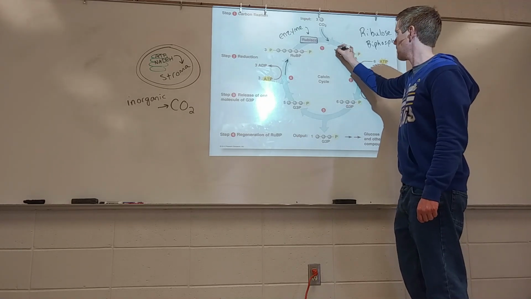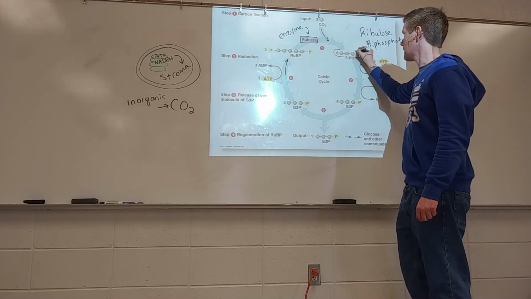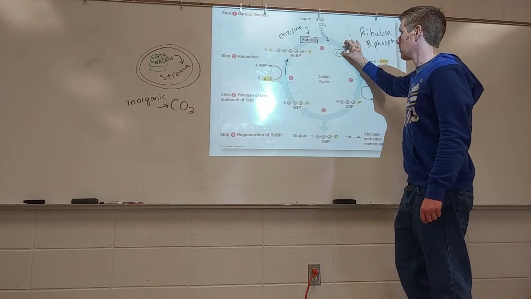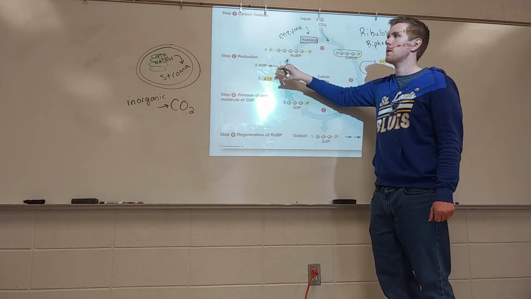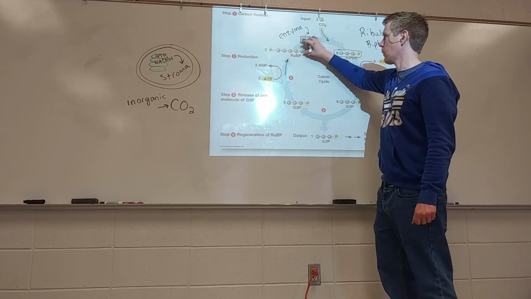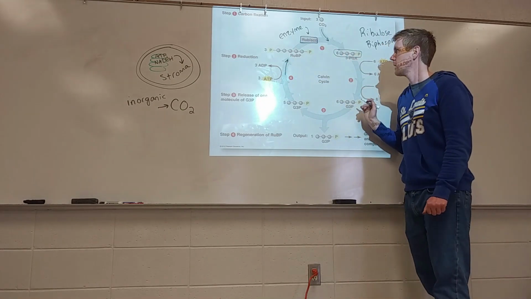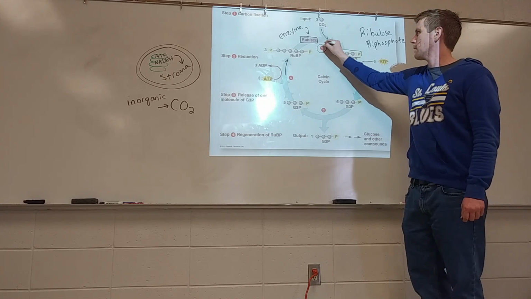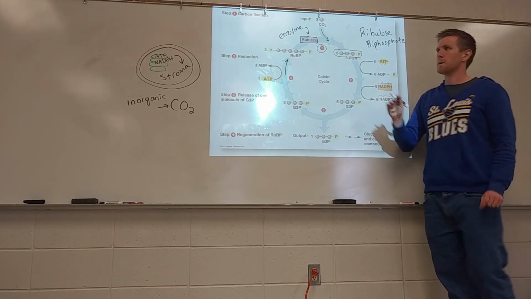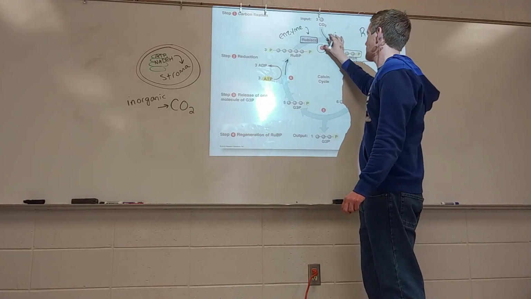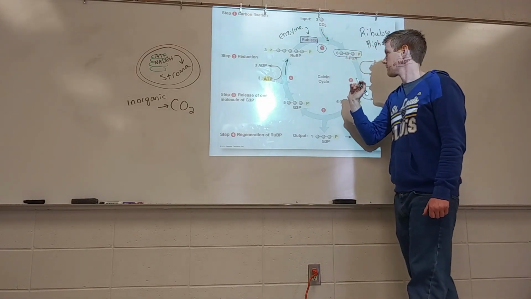So we have 6 molecules of this PGA intermediate that occur once the CO2 coming in is joined with the RUBP that is being regenerated, that is going back around the cycle here. That's the first step of the Calvin cycle. It's called carbon fixation. Fixing something means that you're putting it into this cycle.